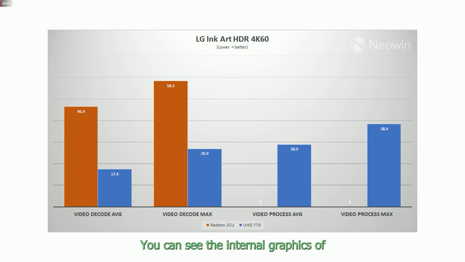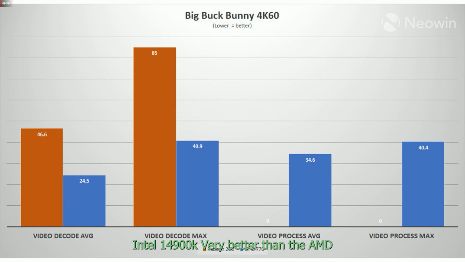You can see the internal graphics of the Intel 14900K is much better than AMD. On Big Buck Bunny 4K 60 frame, again you can see the internal graphics of Intel gets a better result.